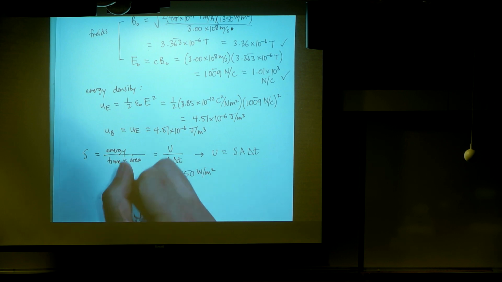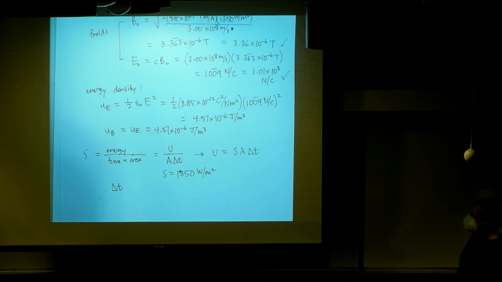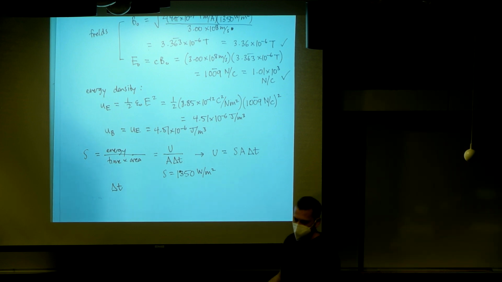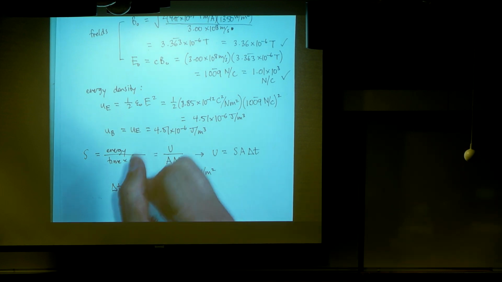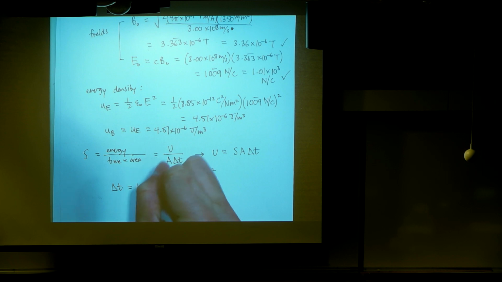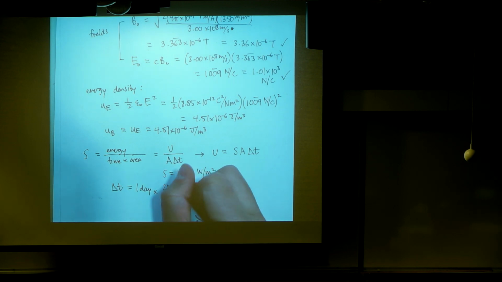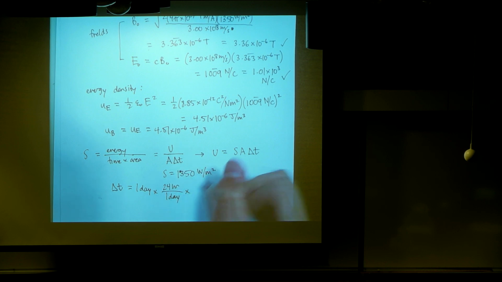Okay, what's delta T? That's going to be 1 day. We're interested in how much energy is being absorbed over the course of 1 day. Okay, so in order to do this, I have to change units. It's not too hard to do. I just want to take 1 day and convert that to what unit? Seconds. All right, how do I do that? There's 24 hours in 1 day. Cancel out days.